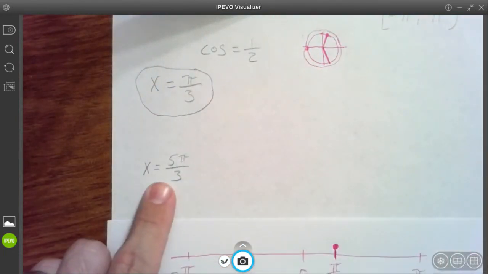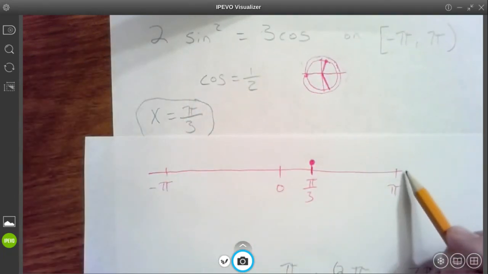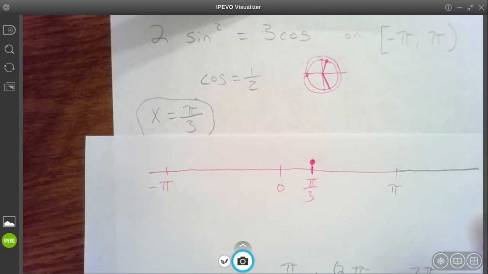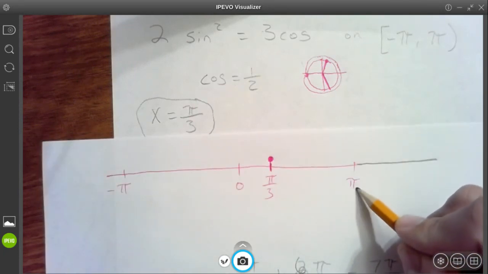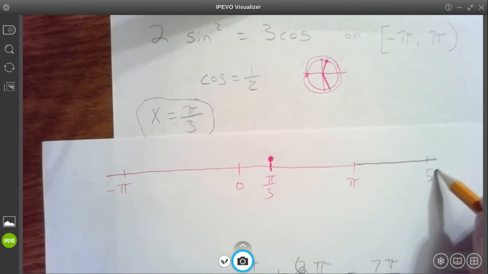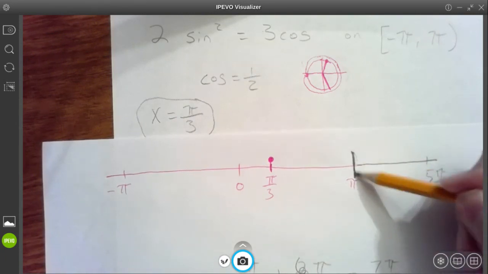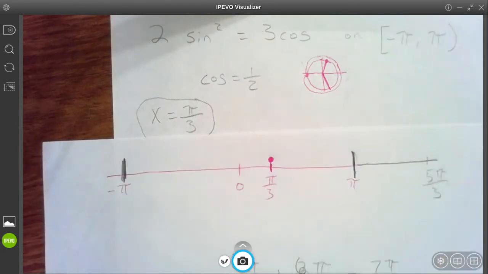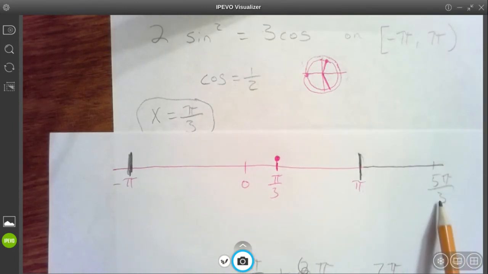Now, 5 pi over 3 is another solution, but 5 pi over 3 is past my pi. 5 pi over 3 would be like pi plus 2/3 of a pi. All right, so it's outside of my desired window, my desired interval. So what I need to do here is I need to subtract 2 pi.